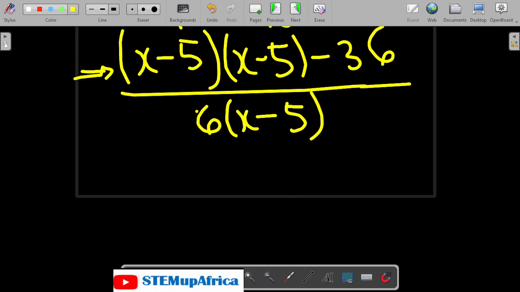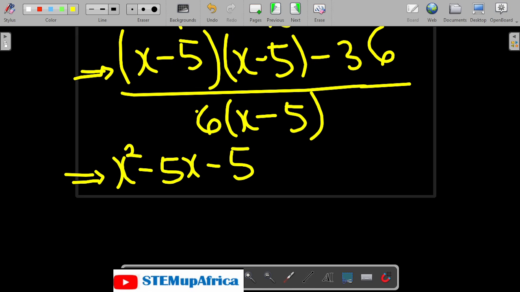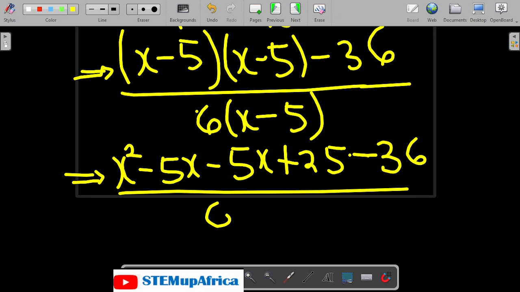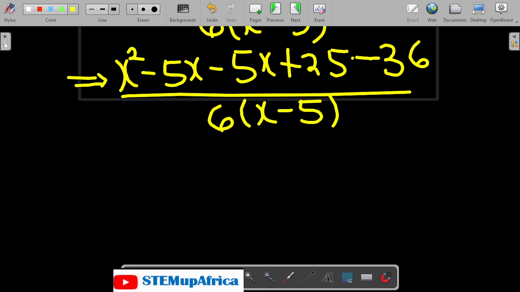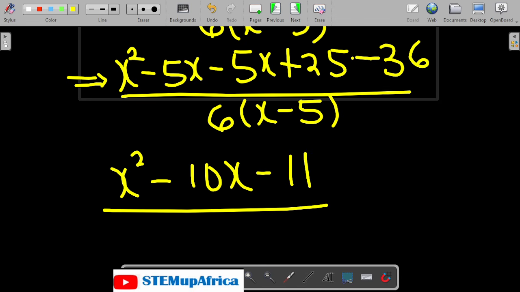So let's go. I will expand the first bracket. That will give me x squared minus 5x minus 5x plus 25 minus 36 over 6 into x minus 5. So I'm having x squared minus 10x minus 11 over 6 into x minus 5.